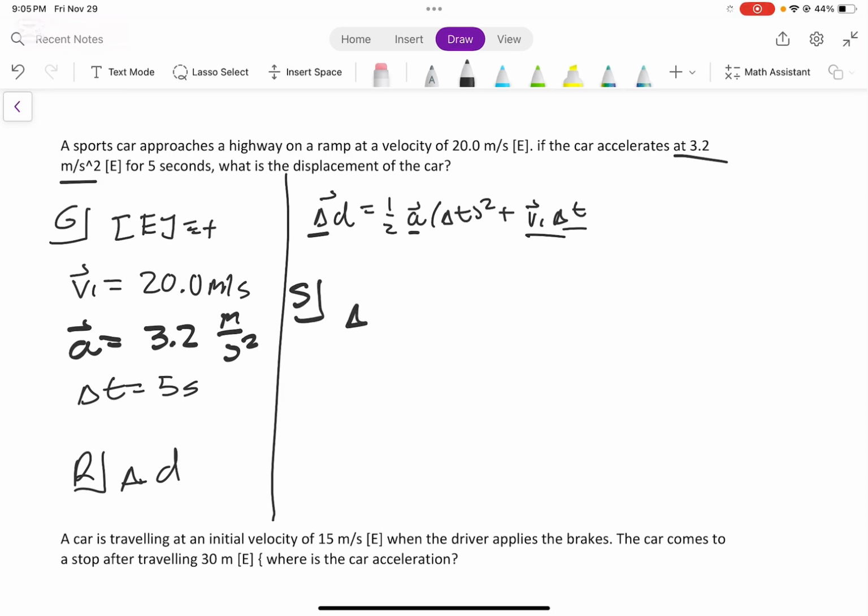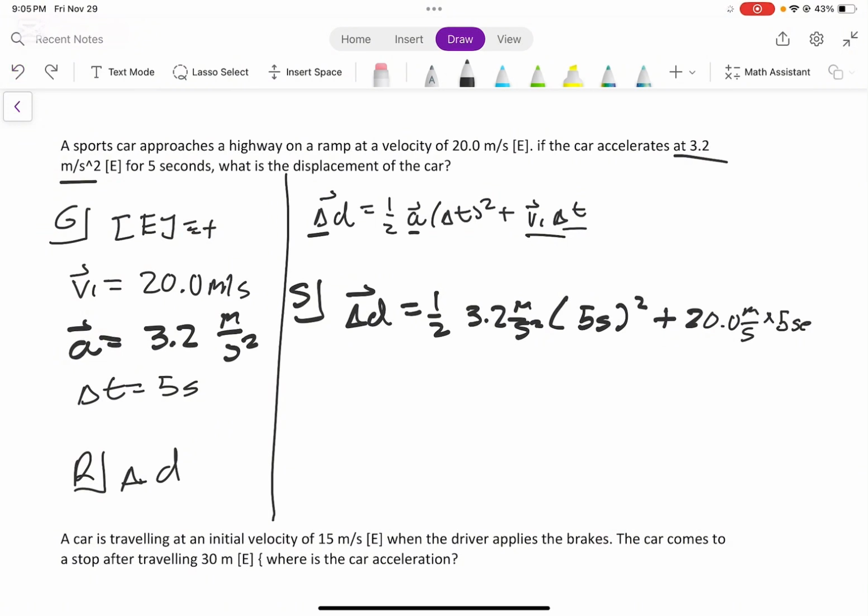We can just go delta d is equal to 1/2 times 3.2 meters per second squared times 5 seconds squared plus 20.0 meters per second times 5 seconds, right?